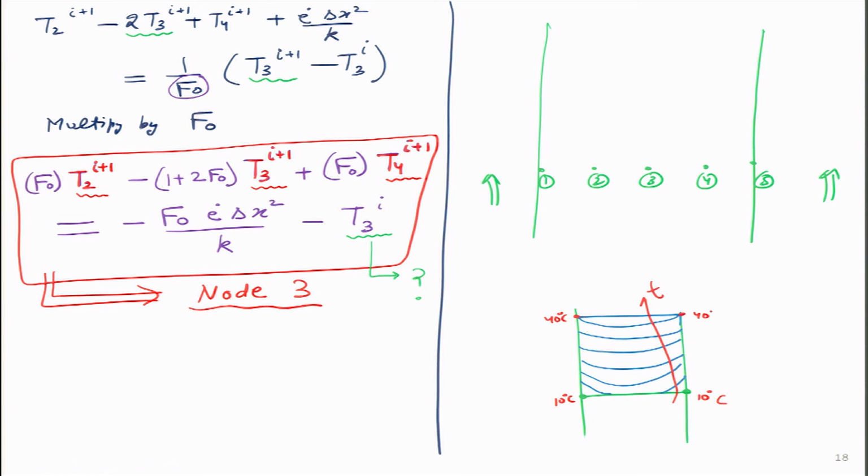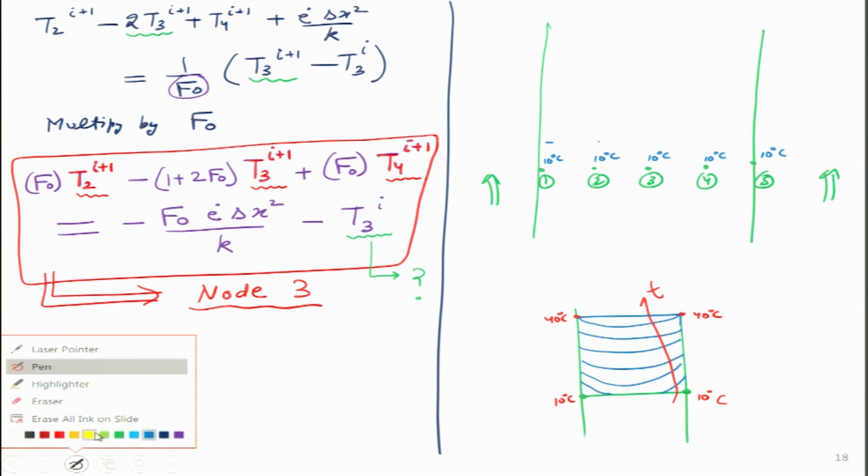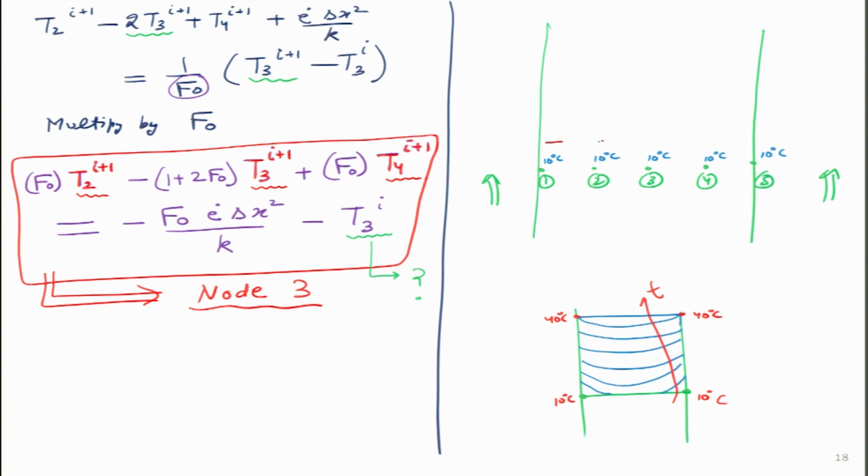I hope this point is clear to everyone. The same thing we are doing in the finite difference method. We are marching ahead in time, which means the matrix for T, I can write it in this way. If initially everything was 10 degrees, this is 10 degree, this is 10 degree, this is 10 degree. In the next time step, the temperature should come out over here. These temperatures I do not know, I will put them in red color.